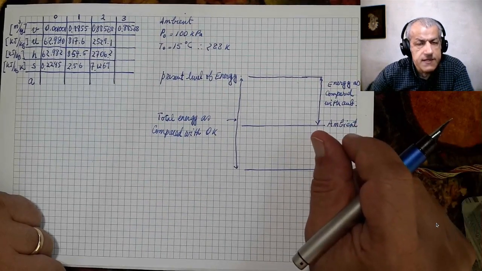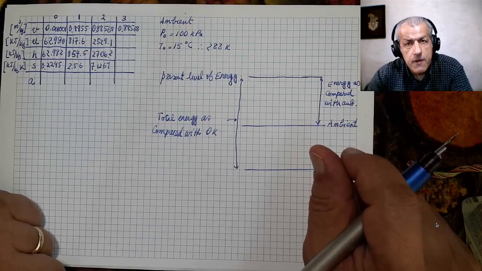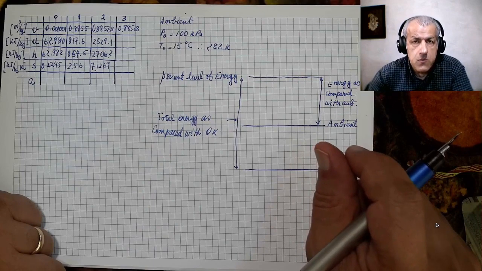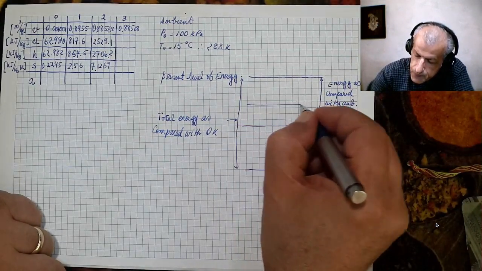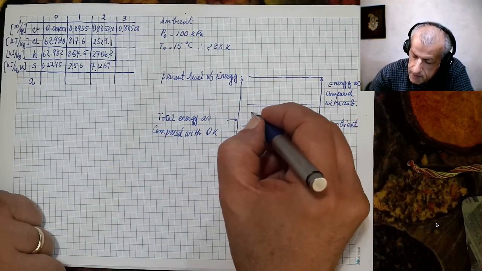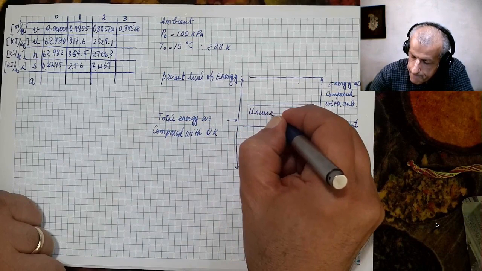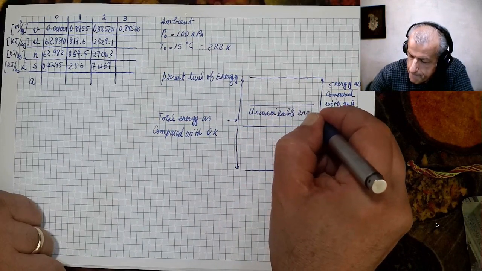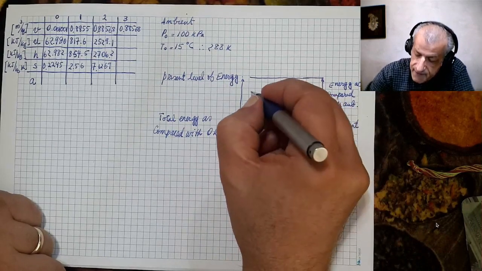Now, the second law of thermodynamics tells us that not all of this energy could be turned to work. So there's part of this energy which is unavailable energy, and this part of it which is available energy.